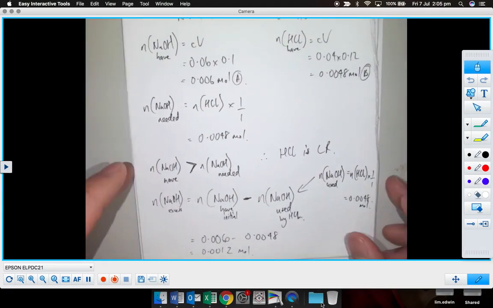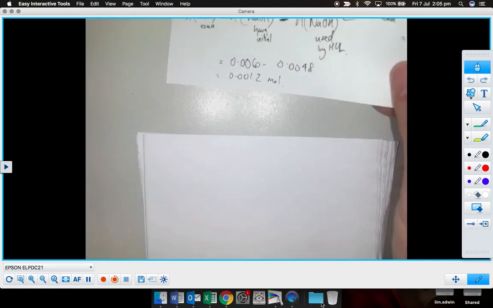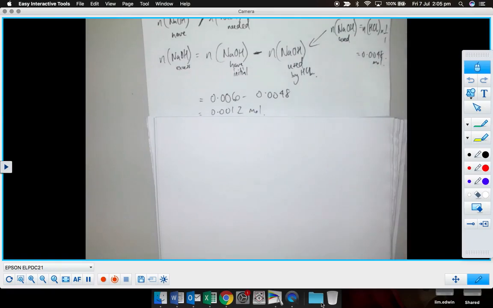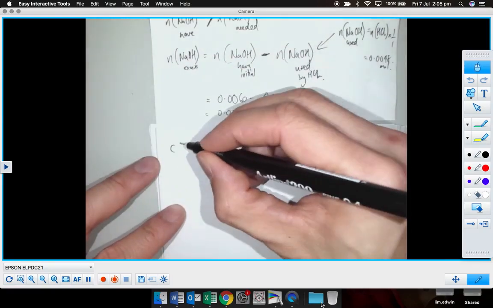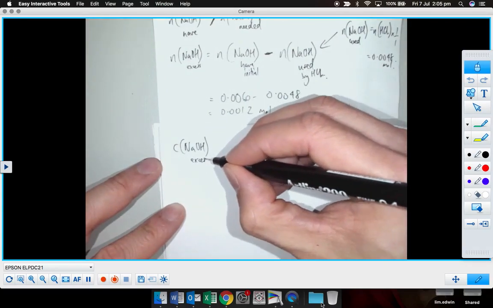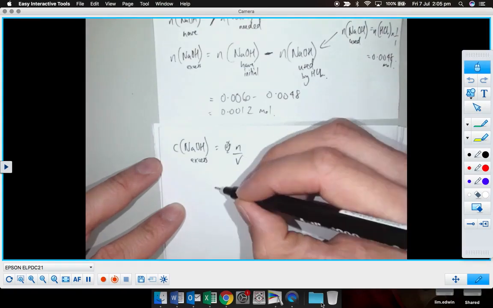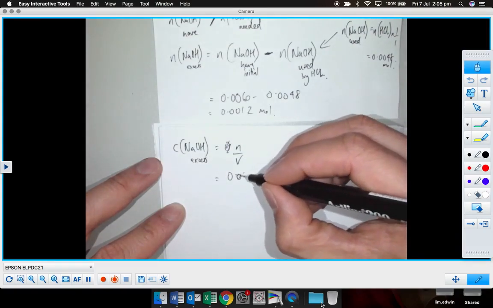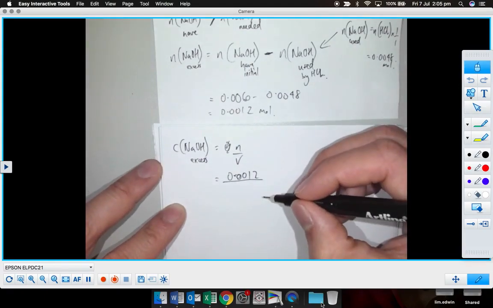Again, you cannot use number of moles to solve for anything. You have to work with concentration. So now we have to work out the concentration of this. We've got the number of moles of NaOH which is in excess. We need to work out the concentration of NaOH in excess, which is n on V, which will be 0.0012 over, now what's the total volume here?